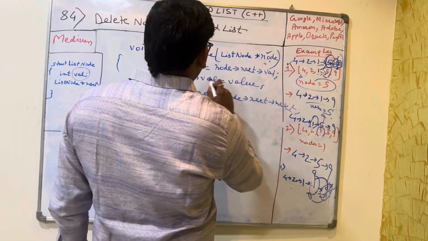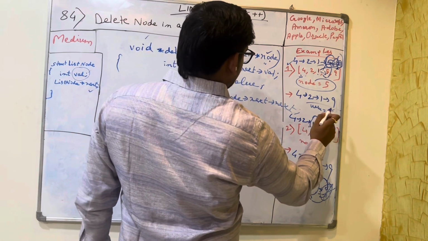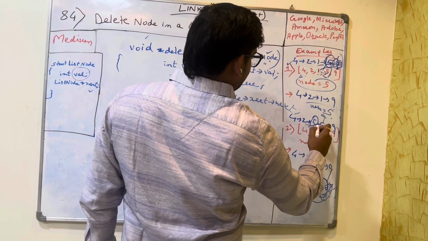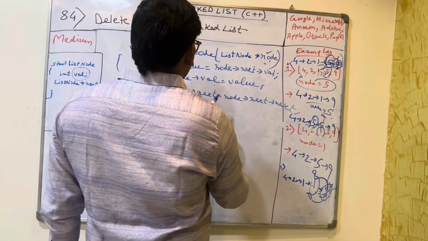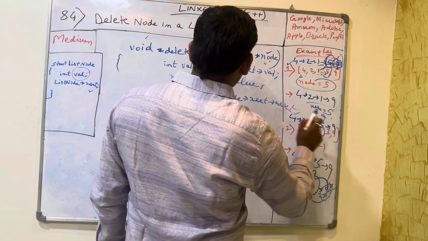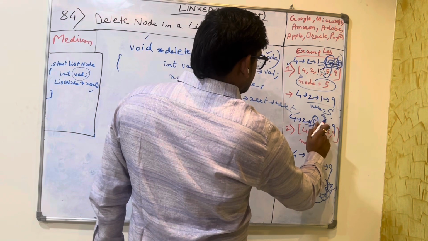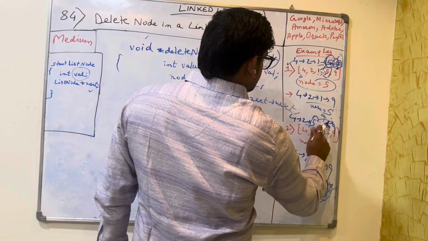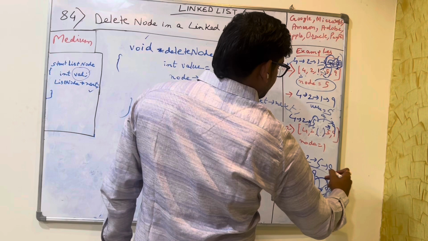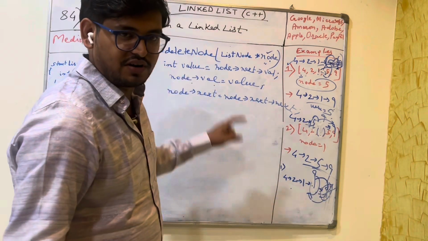Then node's val, we are making it equal to value. So we are making this 5 into 9. And then node's next, this 5 ka next, we are making 5 ka next ka next. So this is not pointing to this one, this is pointing to this one. So this gets removed and we get 4 2 5 9. Right? I hope you have understood the question.